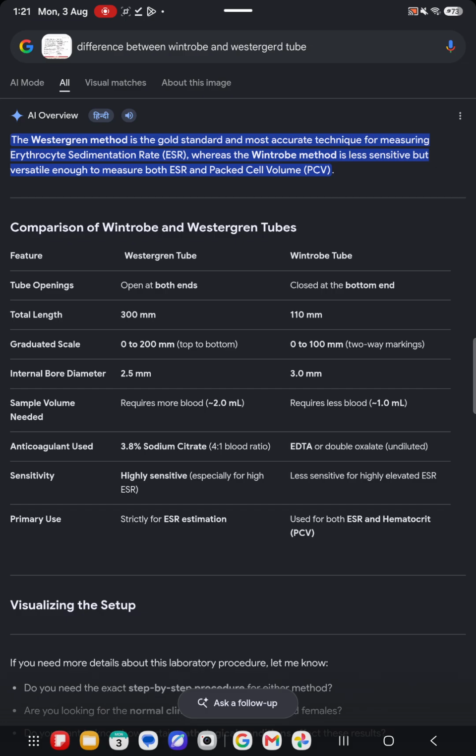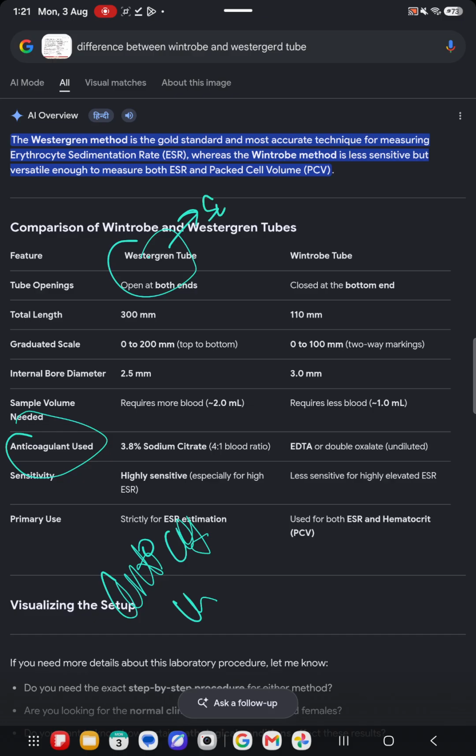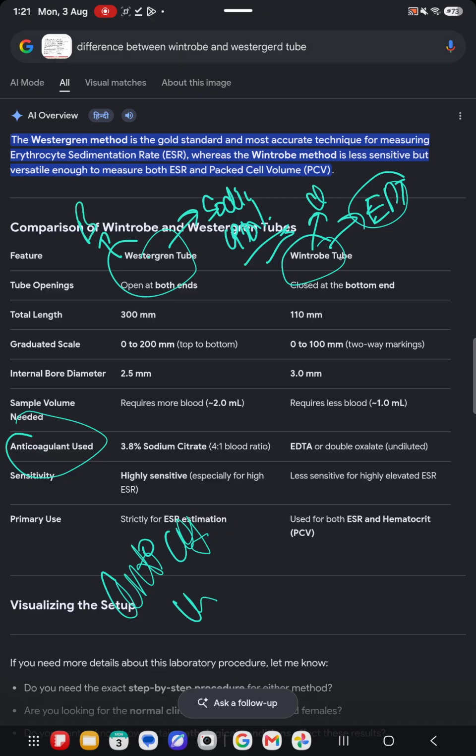Okay, the anticoagulant used. It is an important question. Anticoagulant used in Westergren is sodium citrate, whereas in Wintrobe it is EDTA or double oxalate. Westergren is open at both ends, Wintrobe is open only at one end. It is 300 mm length and 110 mm length respectively. Westergren is strictly for ESR, Wintrobe is for both ESR and PCV.